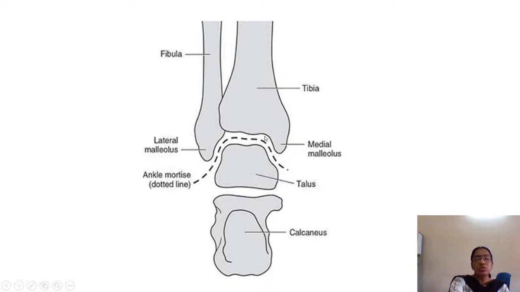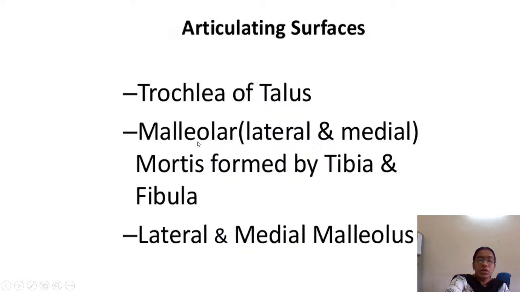So that groove is called the mortise. So the ankle joint has a mortise, formed by the medial malleolus, inferior aspect of the tibia, inferior aspect of the fibula, and the lateral malleolus, which together form the malleolar mortise.